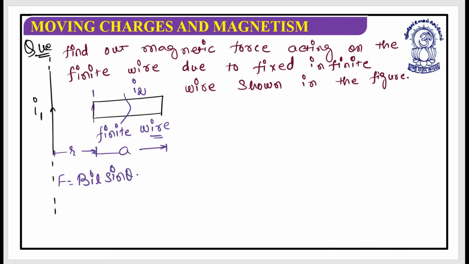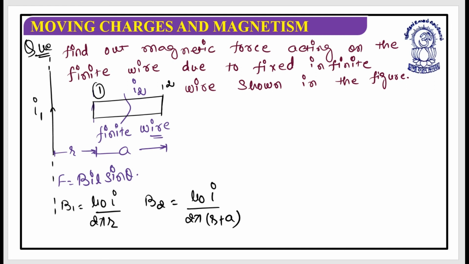Let's mark this as point 1. The magnetic field at the first point is mu naught I divided by 2 pi r, and if I mark this as a second point, the magnetic field over here is mu naught I divided by 2 pi into r plus a. If you observe this carefully, the magnetic field keeps changing at every segment, so I need to take help from integration.